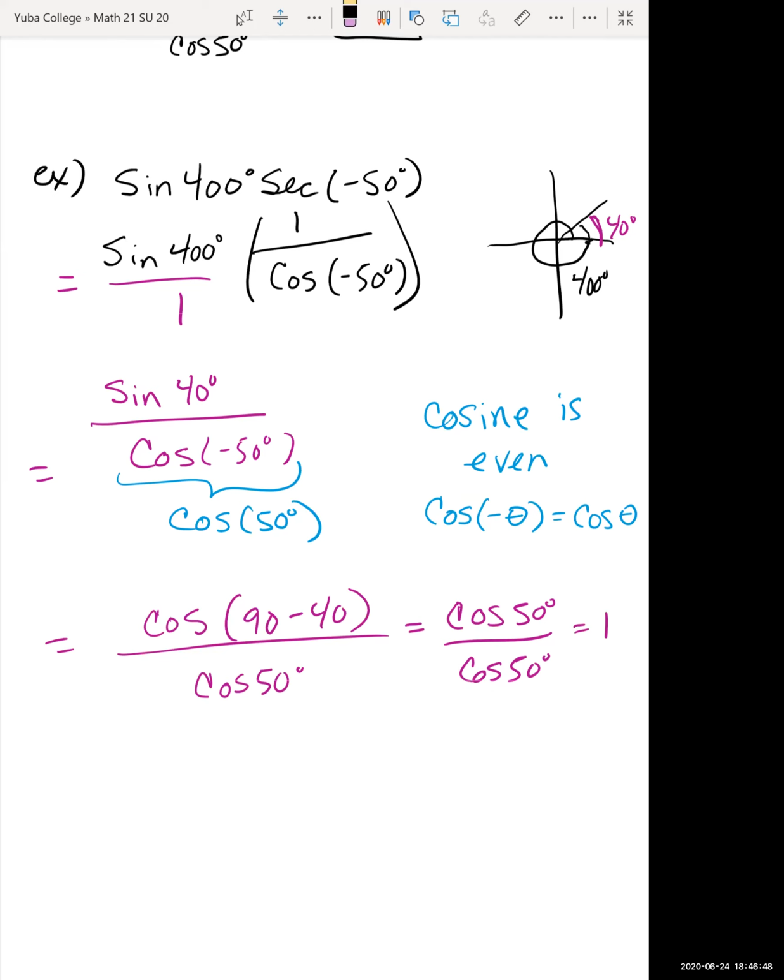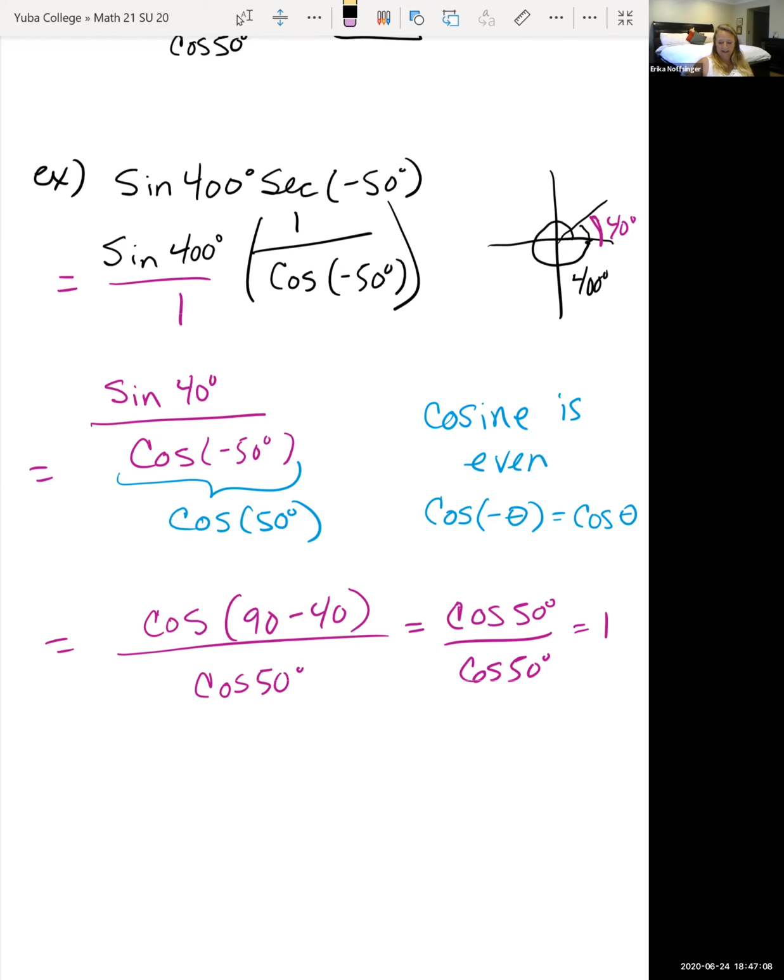Professor, I had a quick question. If the negative hadn't been inside the parentheses with the 50 degrees, if it was outside of cosine, would it still be an even function? Yes, it's still an even function.